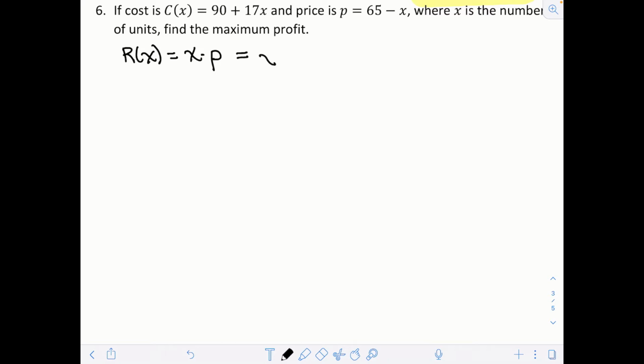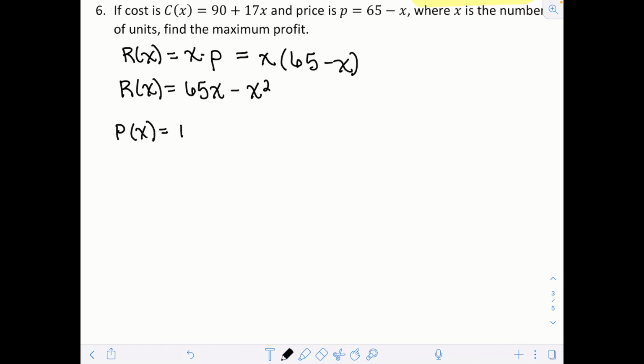So here that means I can take x and multiply it by our price function, which is 65 minus x. So revenue is 65x minus x squared. Now we can finally get to our profit function, which is revenue minus cost.